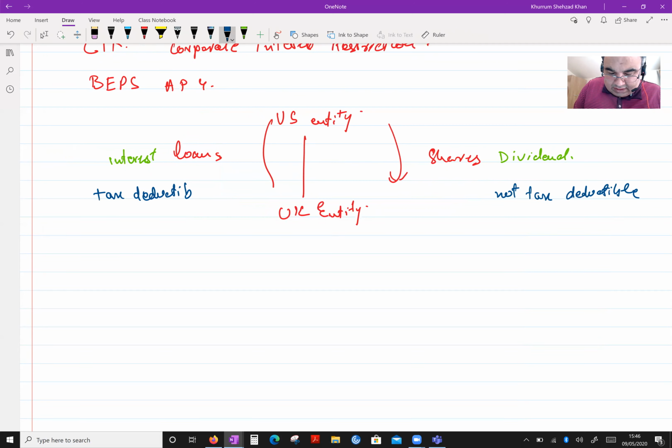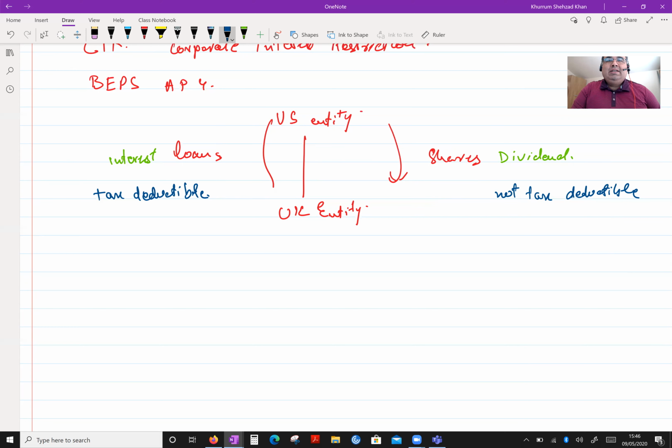So if the US entity gives more loan, there will be more deductible expense, and the UK entity will have less profit to be taxable in the UK. So it's more beneficial for the UK entity to claim interest deduction rather than paying dividends.